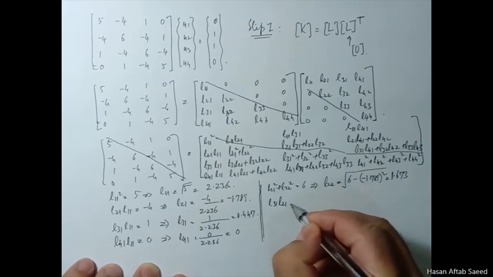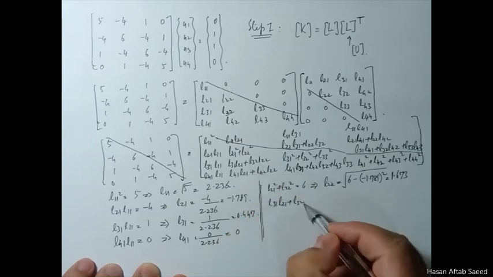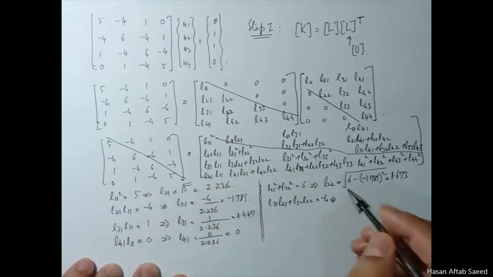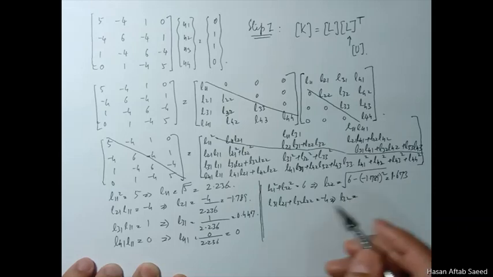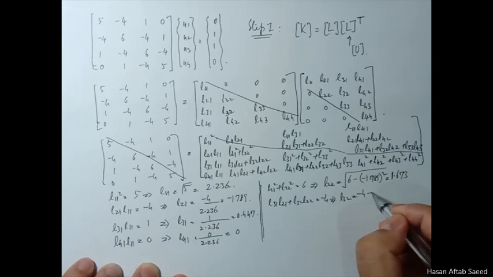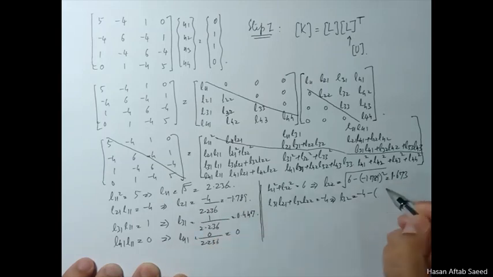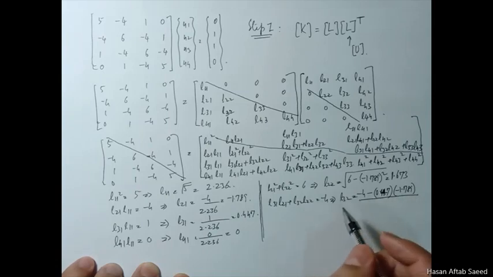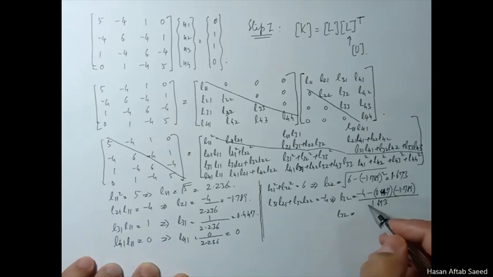L31 L21 plus L32 L22 is equal to minus 4, which implies that L32 is equal to minus 4 minus L31 into L21, this is L31, this is L21, so 0.447 into minus 1.789, over L22, we just calculated 1.673, which turns out to be minus 1.913.